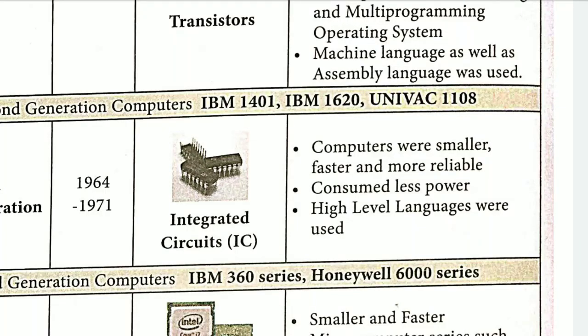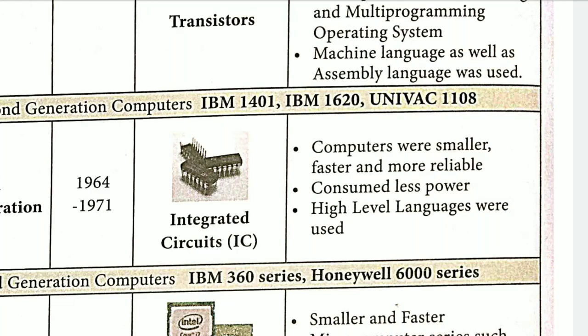High level language means the language that we speak. We easily understand this high level language, since print is an English word, printf is an English word, scanf is an English word. Just by seeing the word, you can understand what the program does.